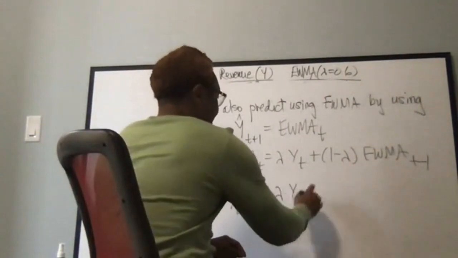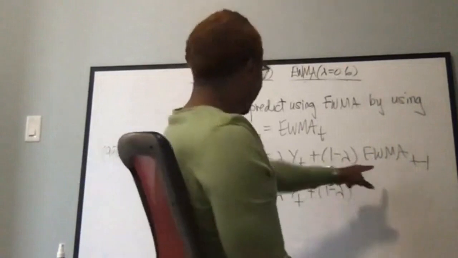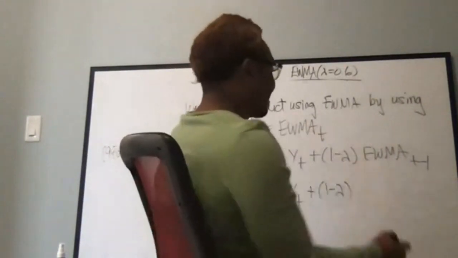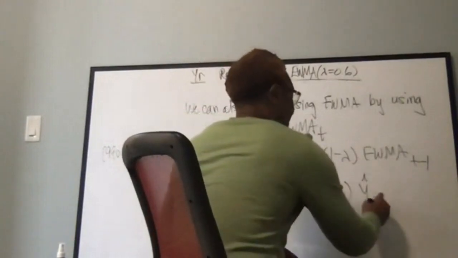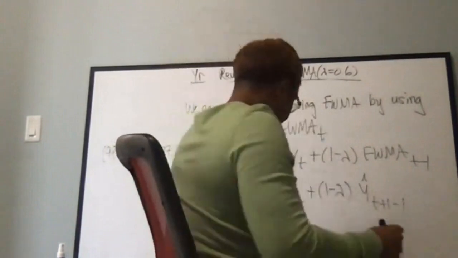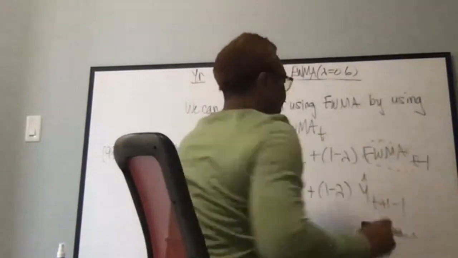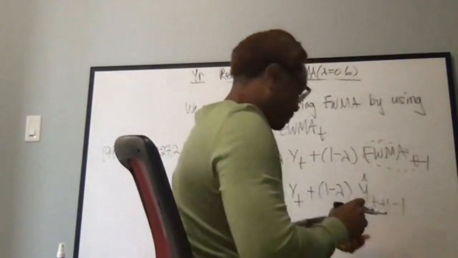Lambda times yt plus 1 minus lambda. So when I substitute this in place of EWMA of T, it looks like this: y hat of T+1 minus 1. In other words, here's the EWMA of T. I substituted this part, and then I still have a lingering minus 1.